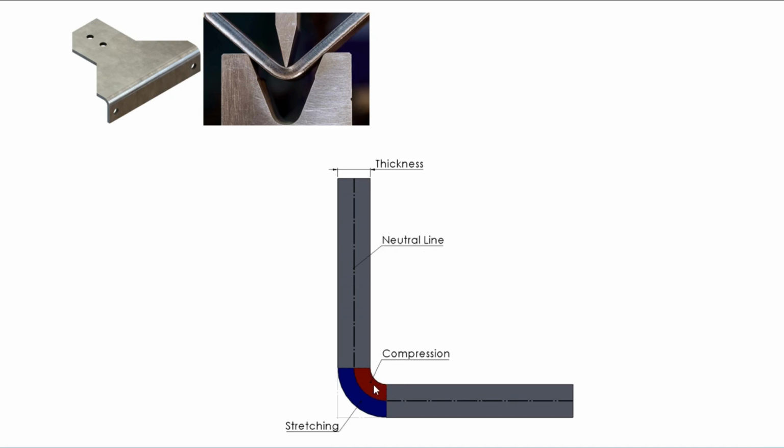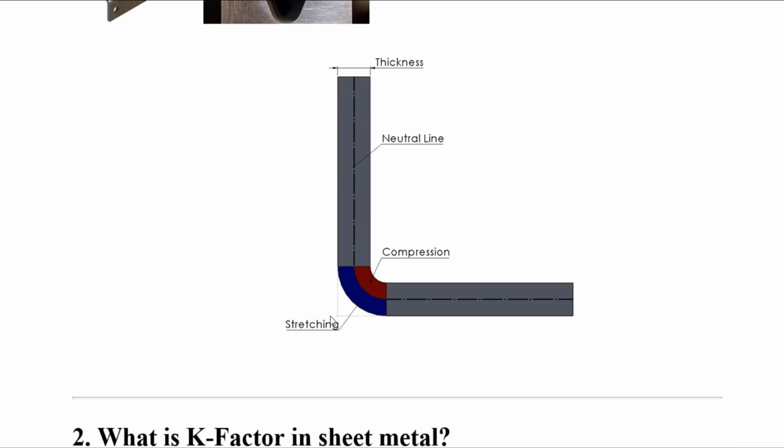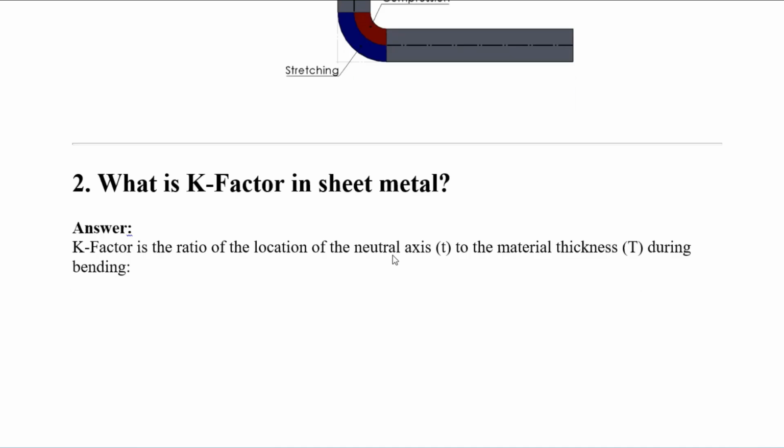If you bend the sheet, the inside portion is in the compression zone, and the outside portion is in the stretching zone. So it will expand on the outside and inside it is compressed.